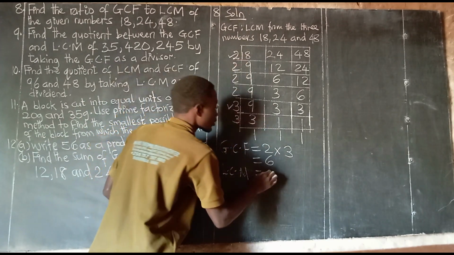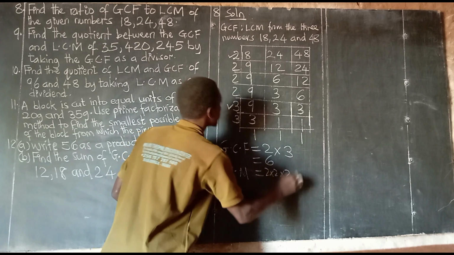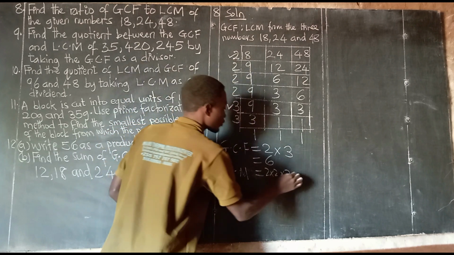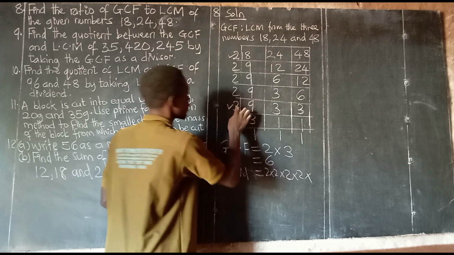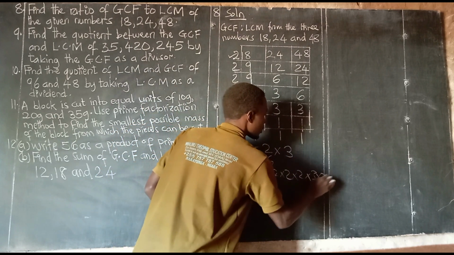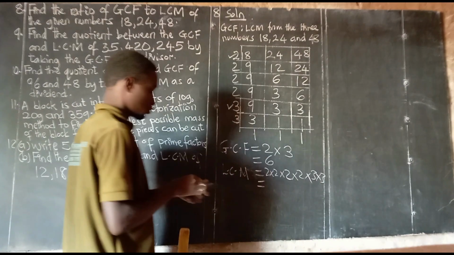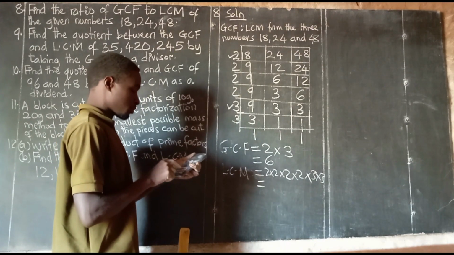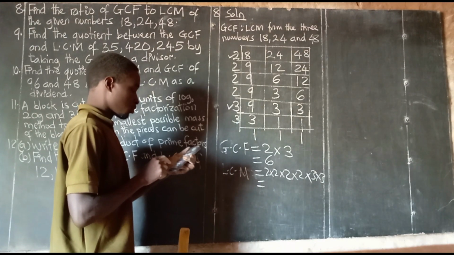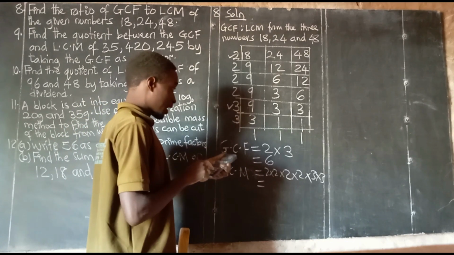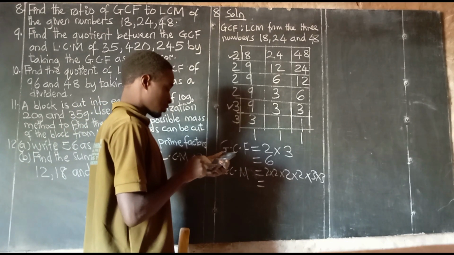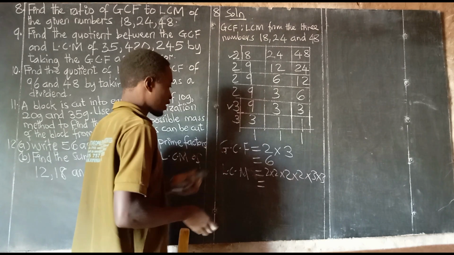There are 4 2's. 2 times 2 times 2 times 2 is 16, times 3 times 3. The answer is 144.